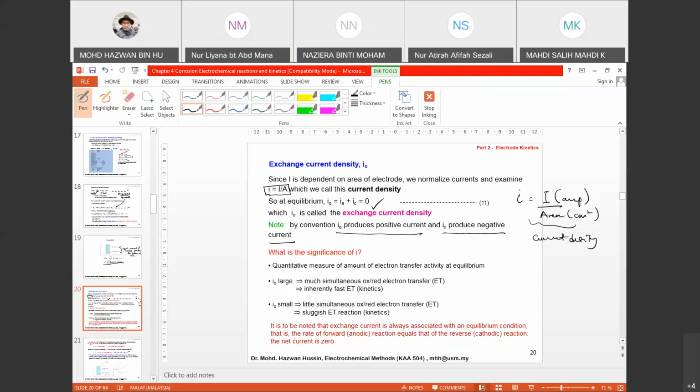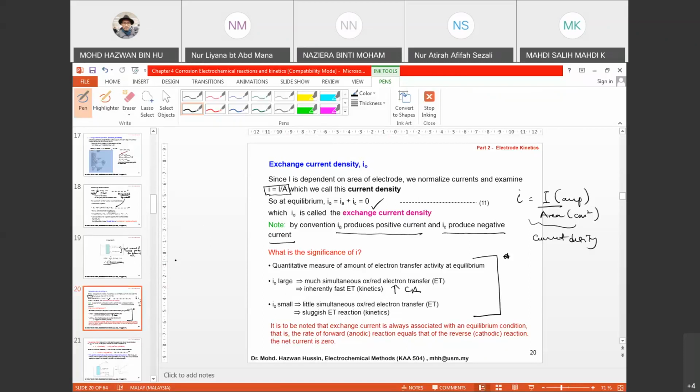So what will be the significance of current density? This is part of the thing that you need to remember. It is a quantitative measure of the amount of electron transfer activity at equilibrium. If you have a larger current density, then much more simultaneous oxidation or reduction process will occur, then the kinetics will be faster, and you will have a higher corrosion rate. This is in accordance with Ohm's law.